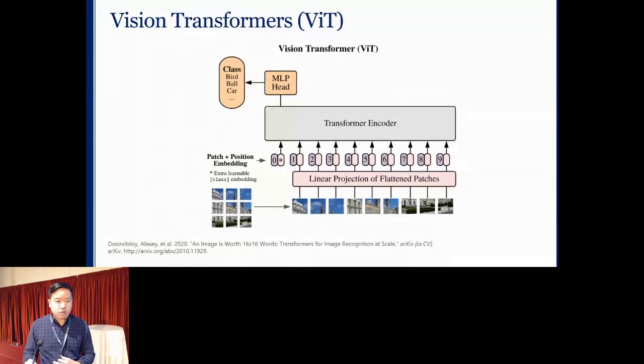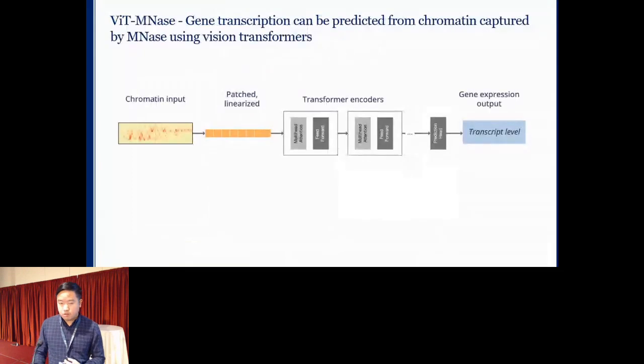These transformer encoders also have an attention mechanism that we can use to roll up the attentions and link them back to the original patch that helped inform the prediction. Put more simply, we take our chromatin input, patch and linearize it, feed it into the transformer encoders, and then feed it into a smaller neural network, the prediction head, which will predict our gene transcript level.